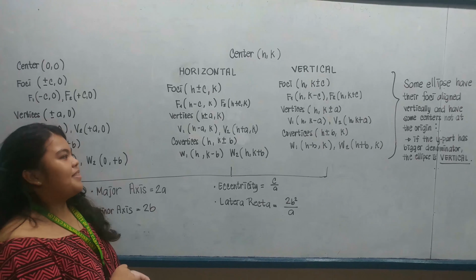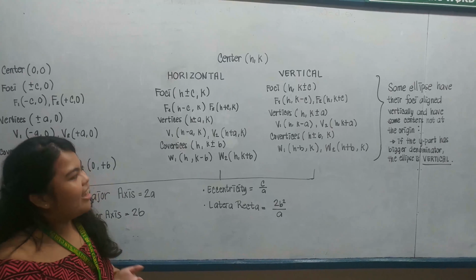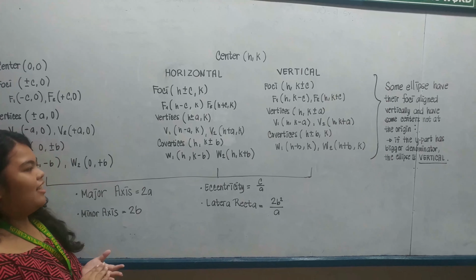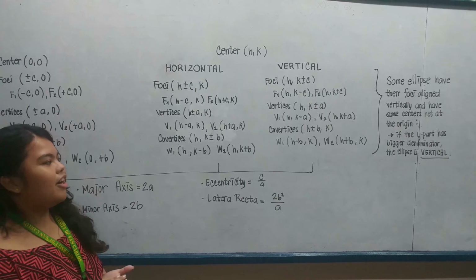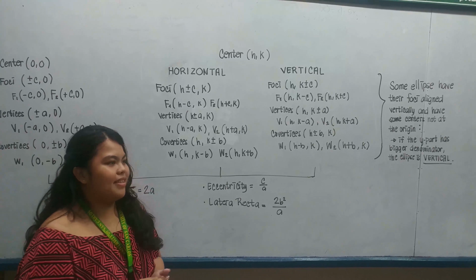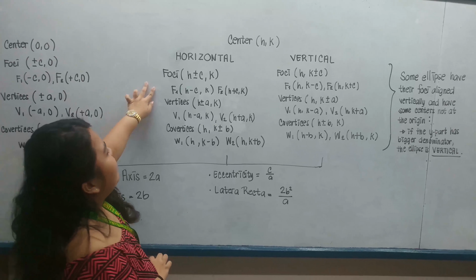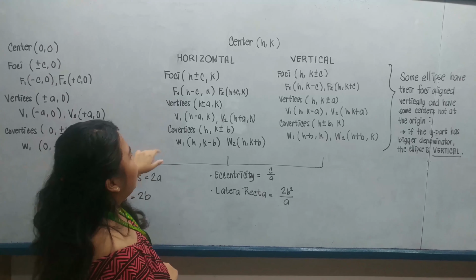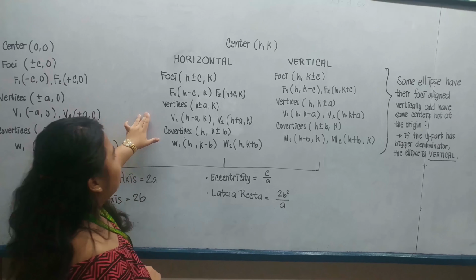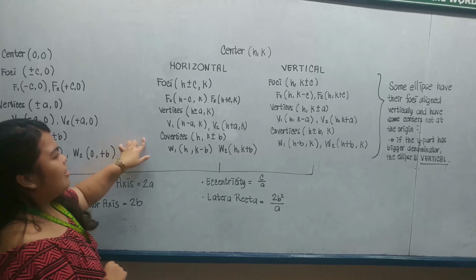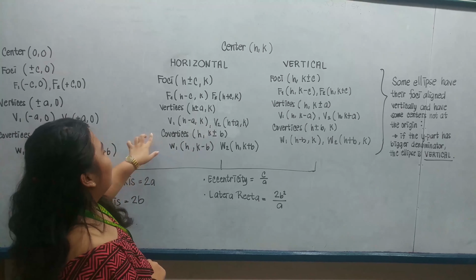However, some ellipses have their foci aligned vertically and have centers not at the origin. If the y part has the bigger denominator, the ellipse is vertical. For the horizontal ellipse, the foci are h plus or minus c, k. Then the vertices are h plus or minus a, then k.